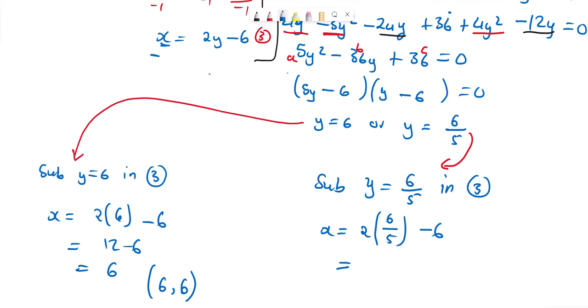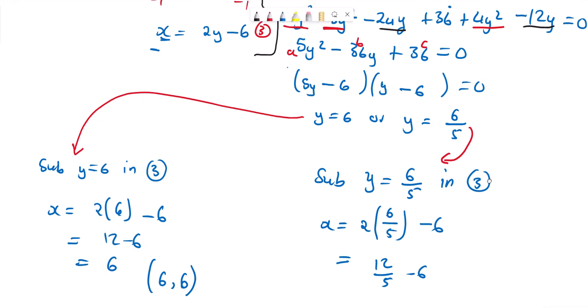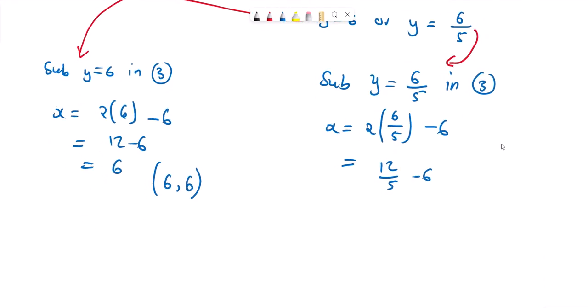X is the same as 12 over 5 minus 6. So if you simplify this, that will be 12 over 5 subtract 30 over 5. Okay, and that will be, not 12, that will be 14. I'm not sure.